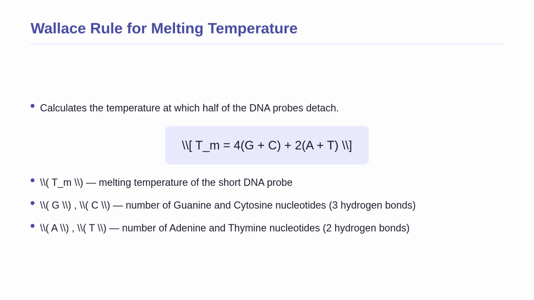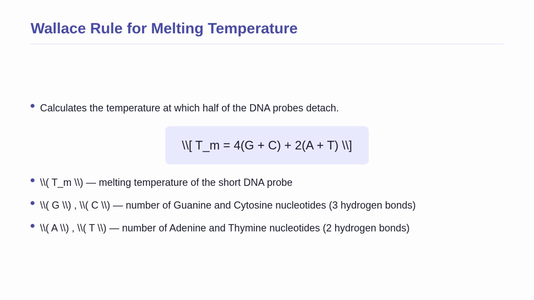To make sure our ASO probe only sticks to a perfect match, we must carefully control the temperature. This formula, known as the Wallace rule, estimates the melting temperature at which half of the DNA probes will detach from the target DNA. Tm represents this melting temperature.